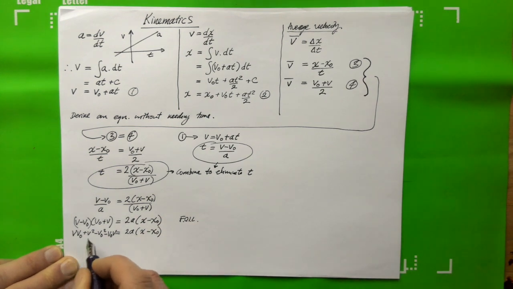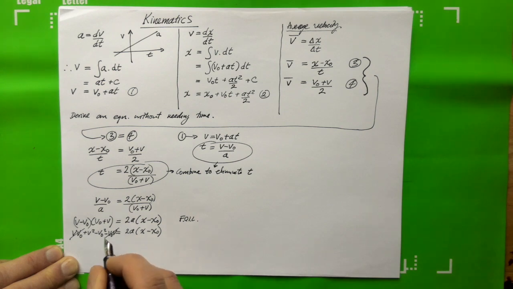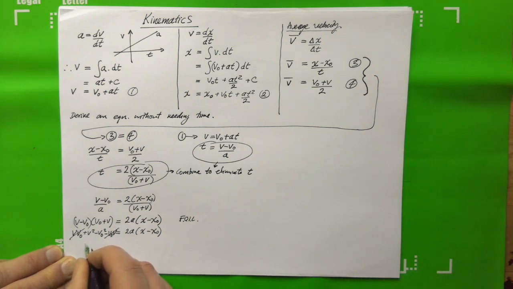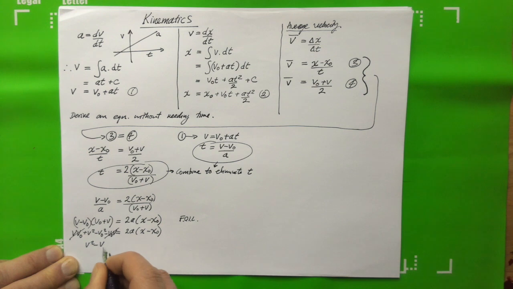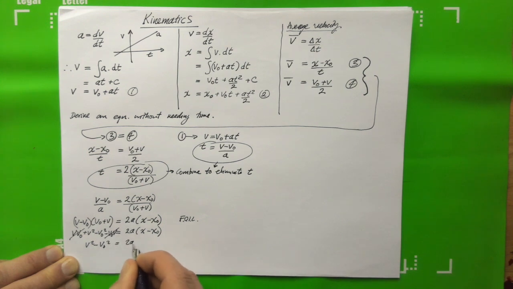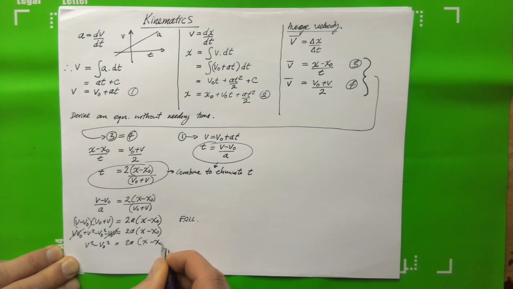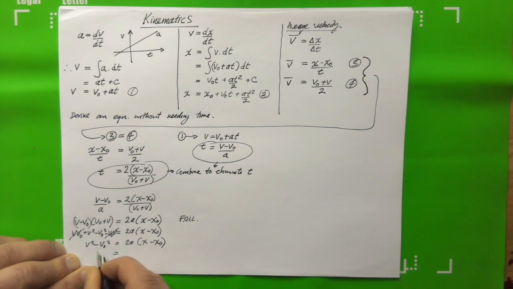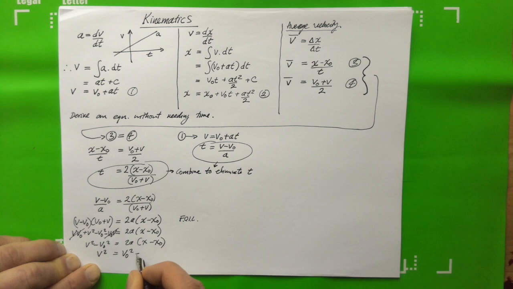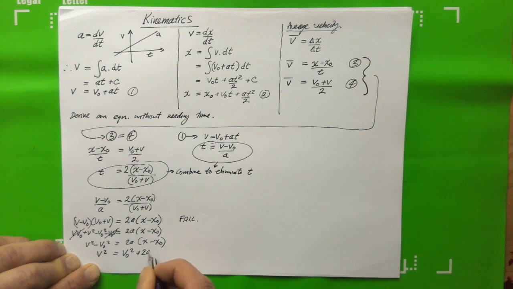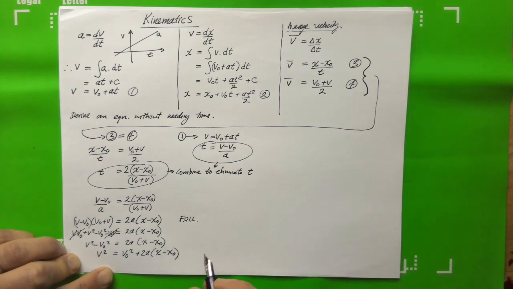Now we see from this that some of these terms cancel because v v0 is the same as v0 v. So we end up with v squared minus v0 squared equals 2a times x minus x0, or if we prefer, v squared equals v0 squared plus 2a times x minus x0. And that's the last kinematic equation, and so we will name it number 5.